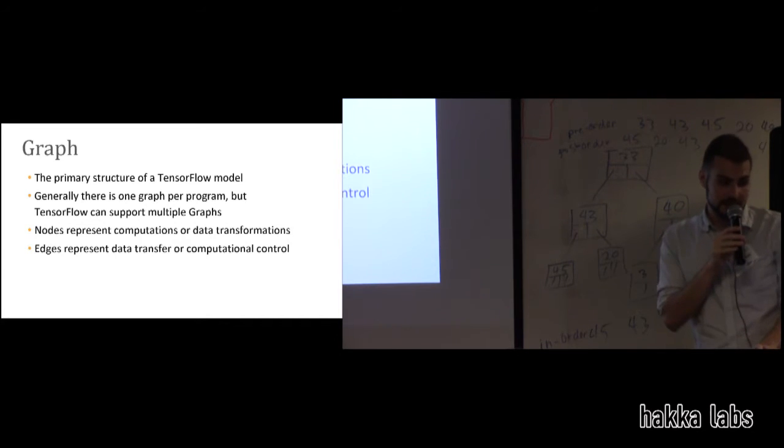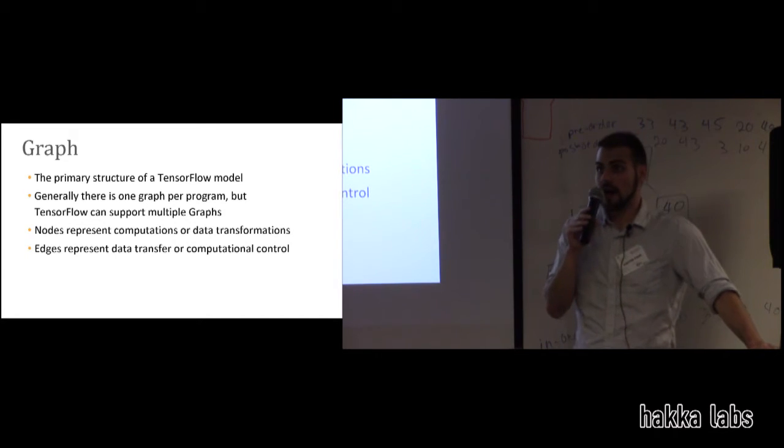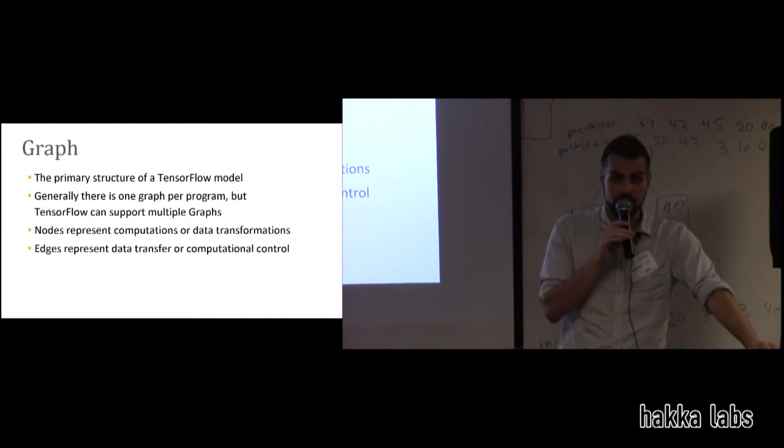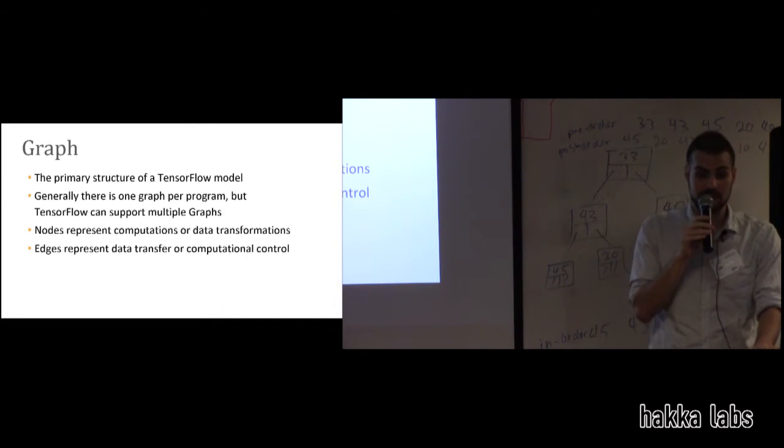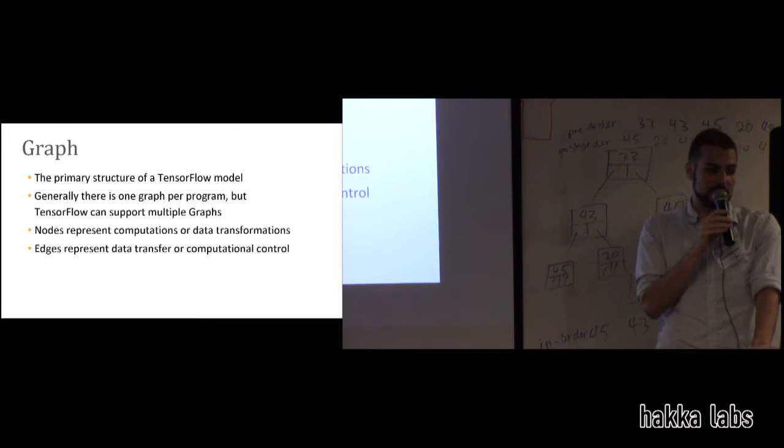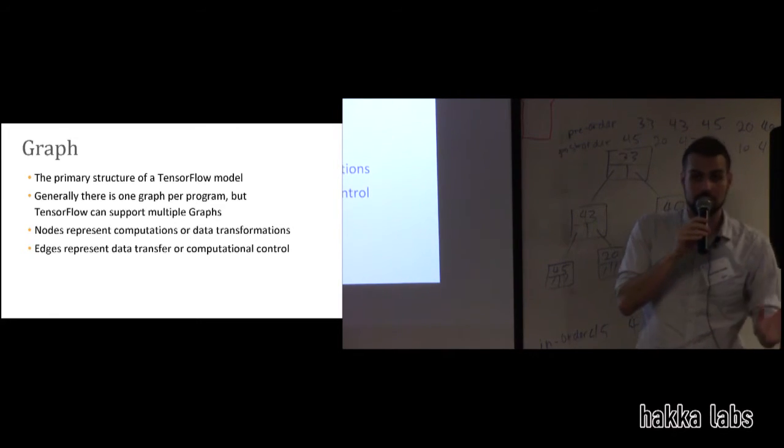Nodes represent computations or data transformations. So I don't know how many of you are familiar with basic graphs and graph theory. It's pretty much just circles and lines. But nodes represent computations or data transformations, and edges represent data transfer.